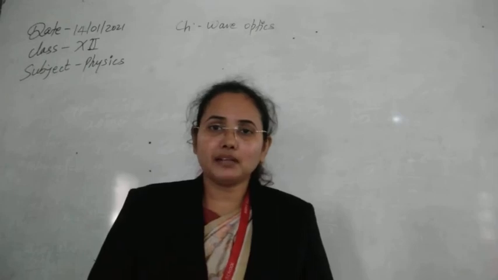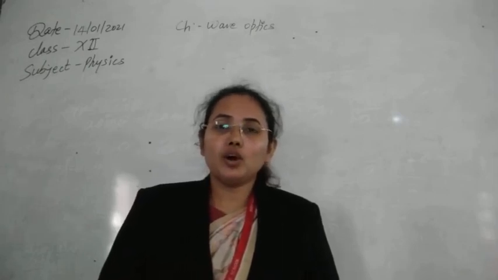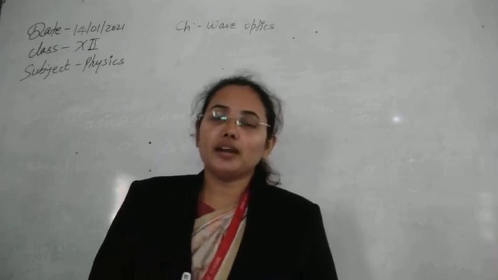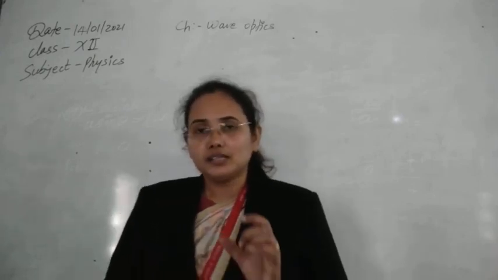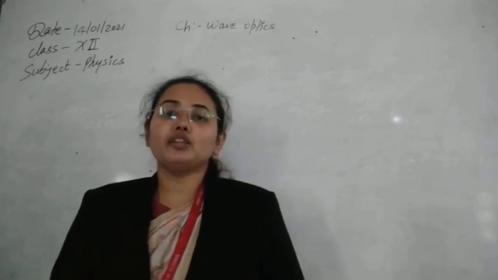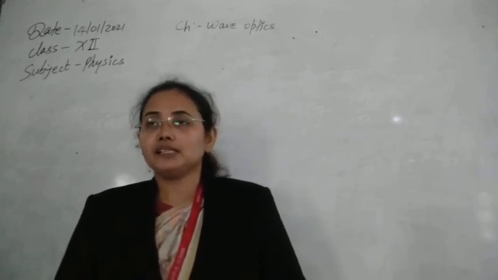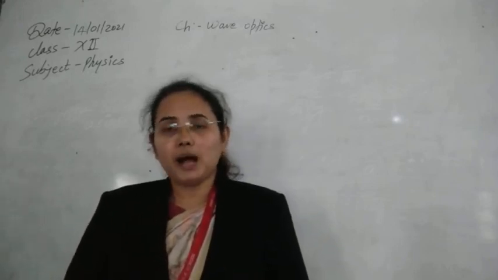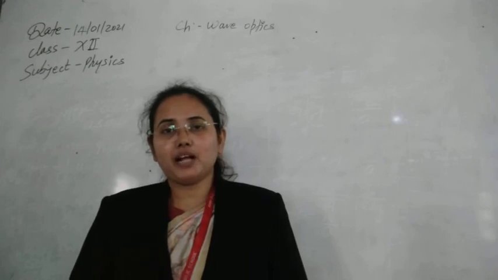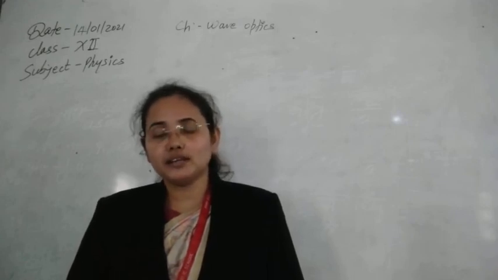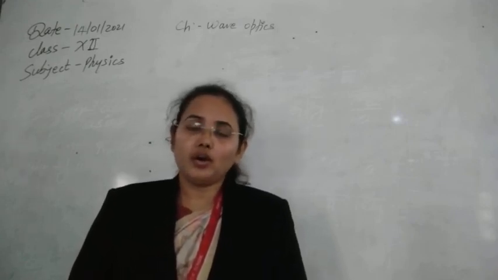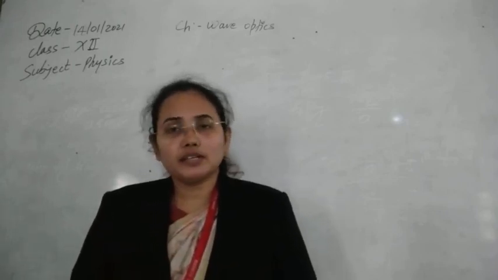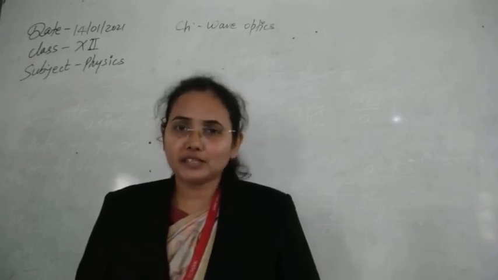But the diffraction pattern is observed only for waves whose wavelength is equal or nearly equal to the width of the slit we are using. Only a wave whose wavelength is of the order of the slit width can pass through that narrow slit. So this is our necessary condition for getting the diffraction pattern.